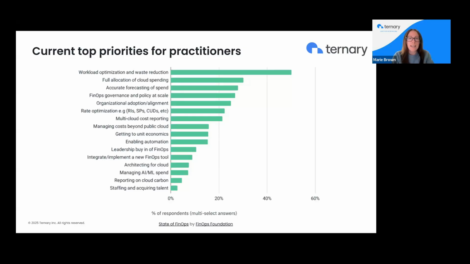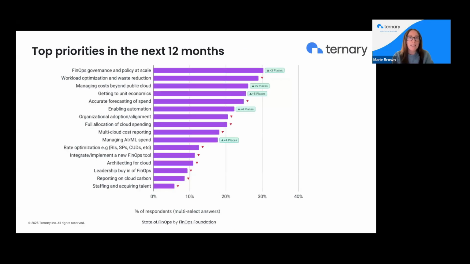But what we want to focus on today are a few trends here. So just to highlight a few, managing costs beyond public cloud, getting to unit economics, and managing AI ML spend. So you notice they're approximately halfway down on the current top priorities list, closer towards the bottom in some cases. But when we look at this data for the next 12 months, you'll notice a shift in this result.